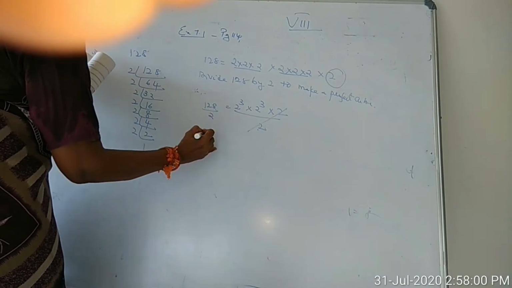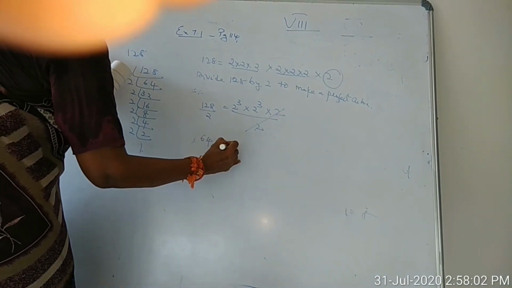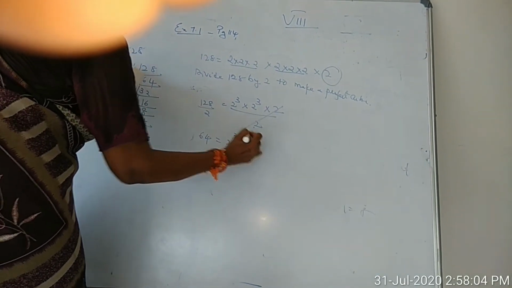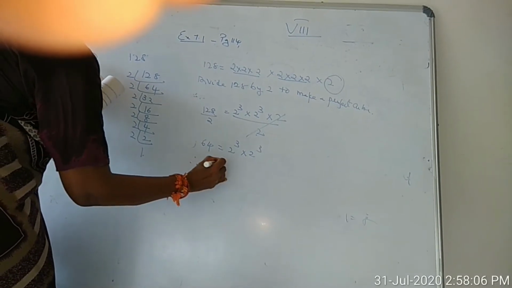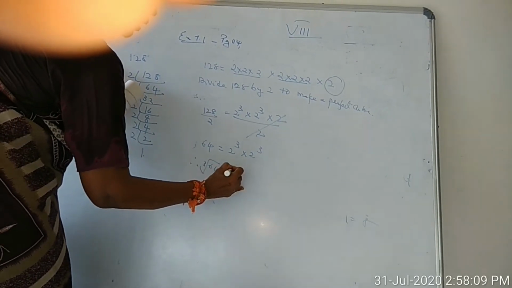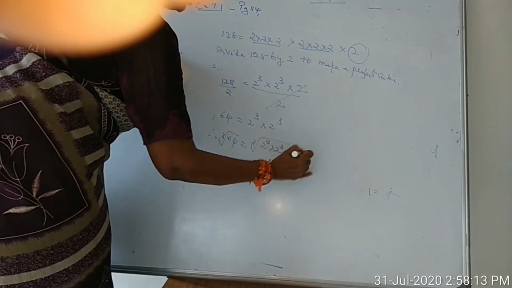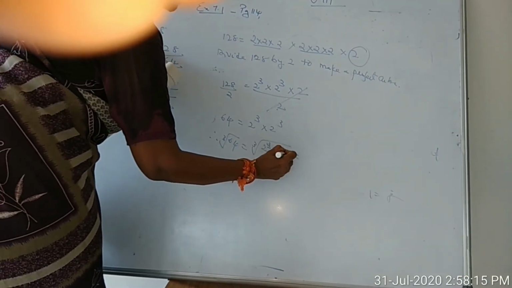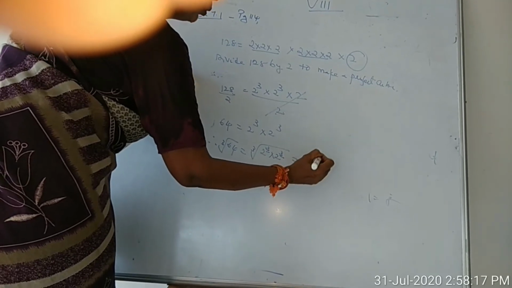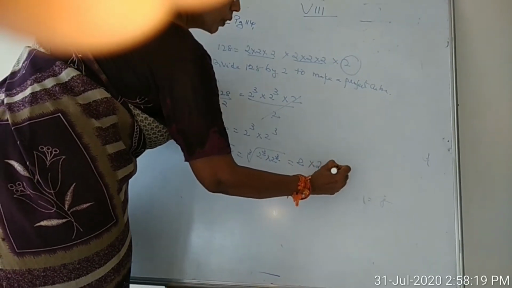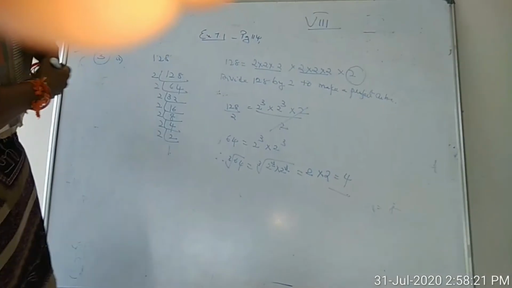What is 128 by 2? 64. Therefore, cube root of 64 is equal to cube root of 2 cube into 2 cube. Divide the powers by 3. 2 into 2, that is equal to 4.